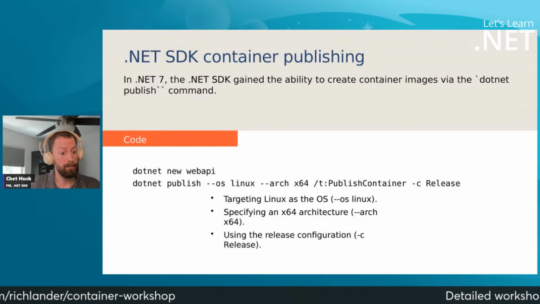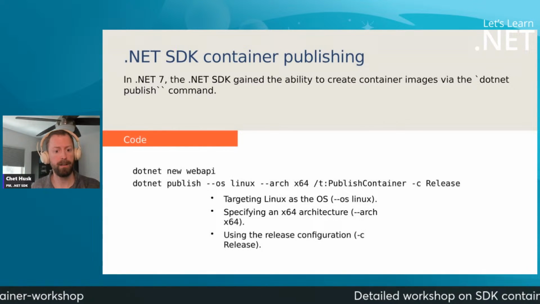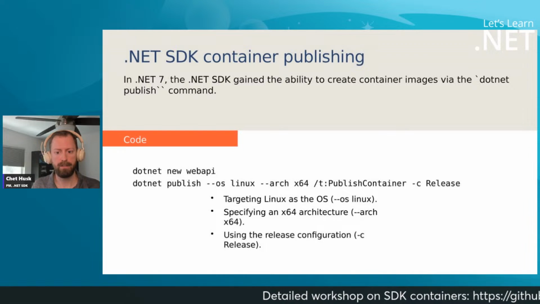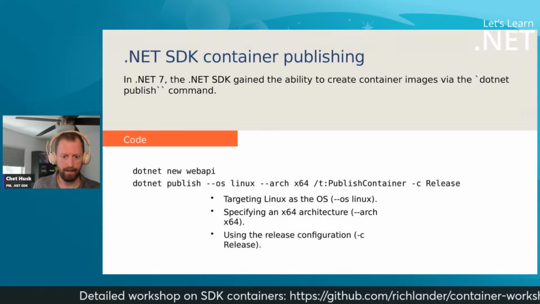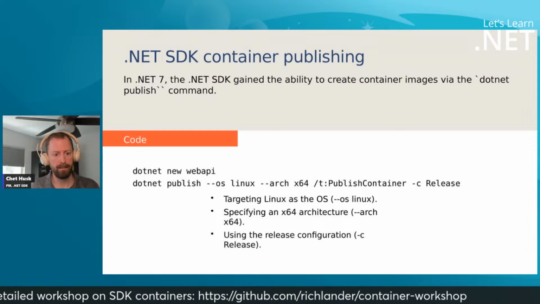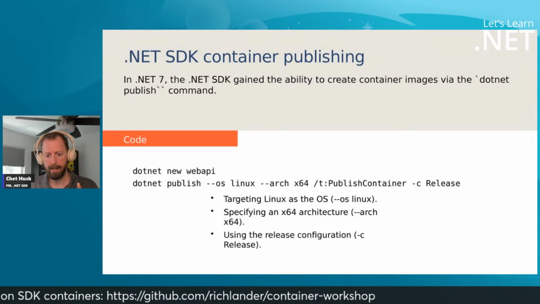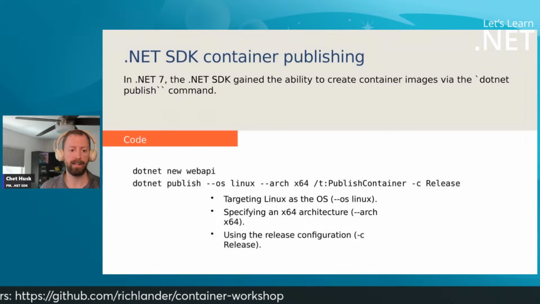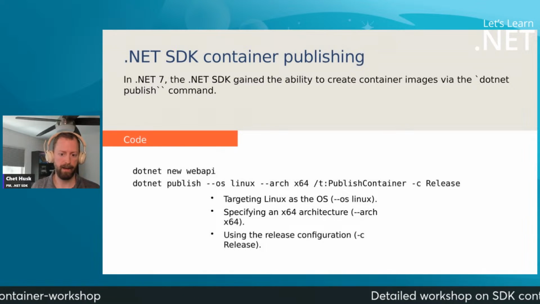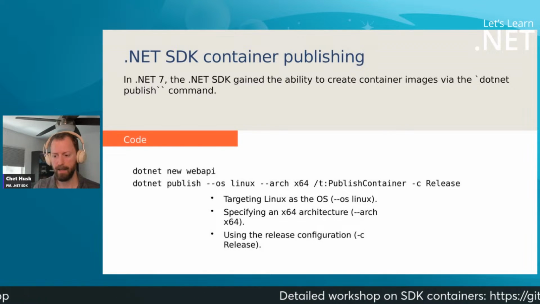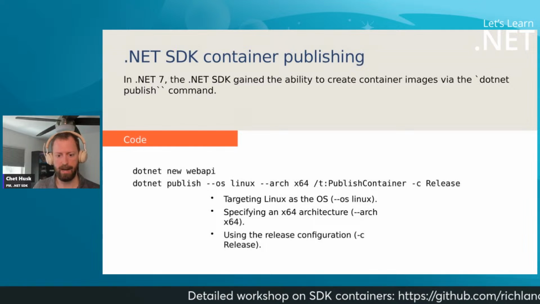Well, to get the published application in a container, you do that same call, you just have to specify one more little flag, which is to tell .NET to publish a container. And that's all you have to do. We'll see that live. And I really like this feature. It reduces a lot of the complexity of Dockerfiles that can be hard to keep track of sometimes. Maybe we'll be able to do a compare and contrast a little bit later.